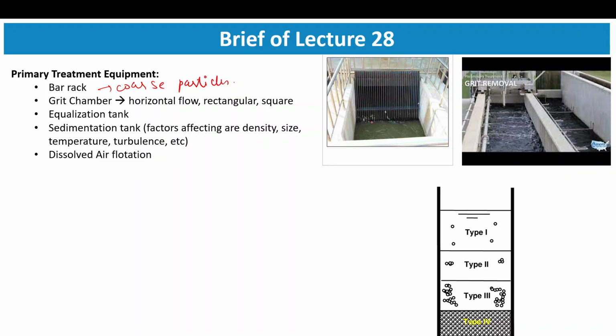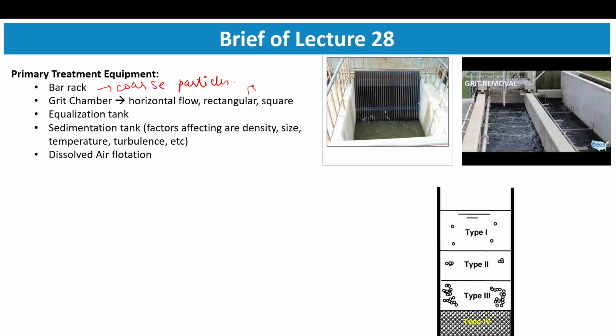So here you can see the image of bar screen where the path of the particles is obstructed and they are big enough that they will not be able to pass further. Now, for somewhat smaller particles, grit chamber is provided.